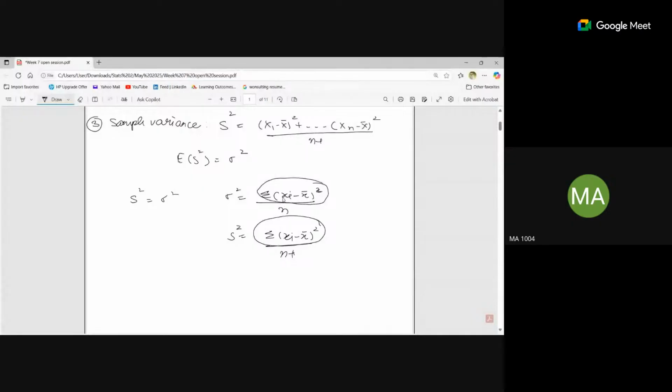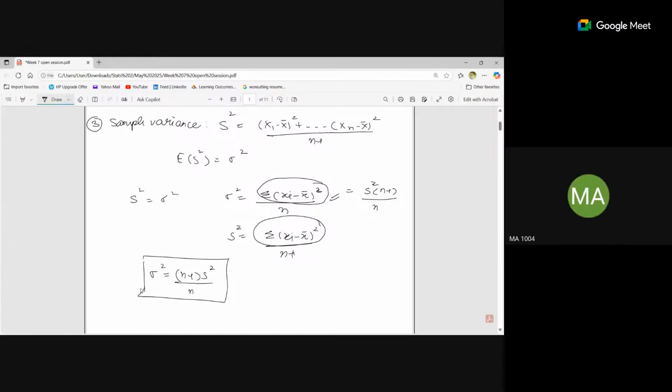So in place of the summation of xi minus x bar whole square in the population variance, I can write s square into n minus 1 in the numerator. So this is the relation between the population variance and the sample variance: sigma square is equal to n minus 1 times sample variance divided by n.